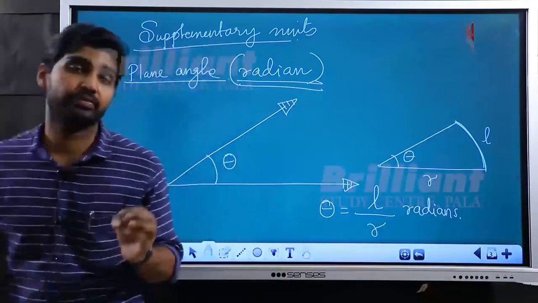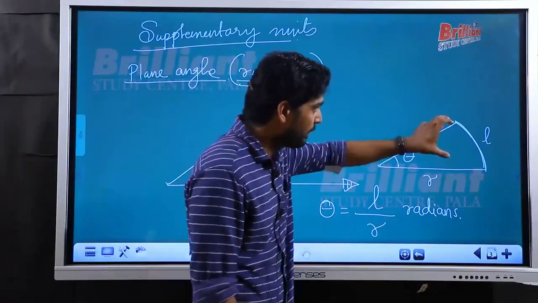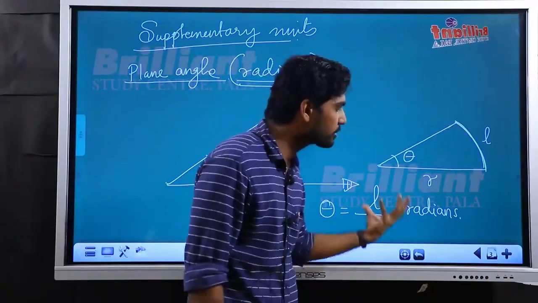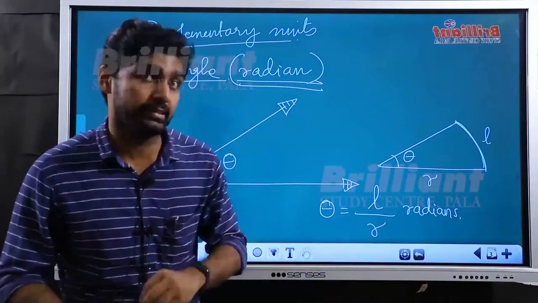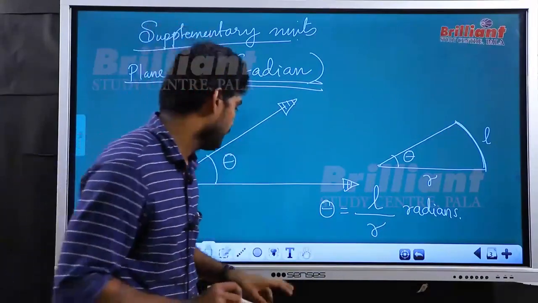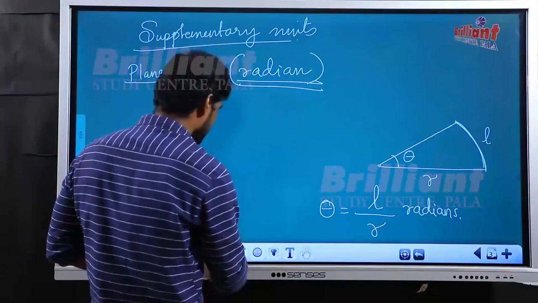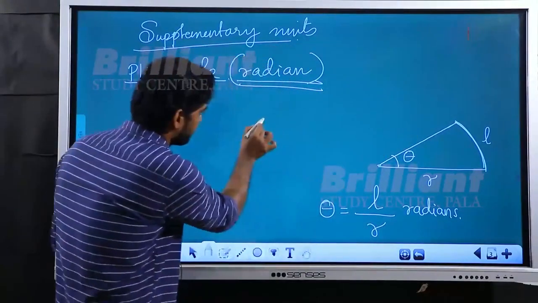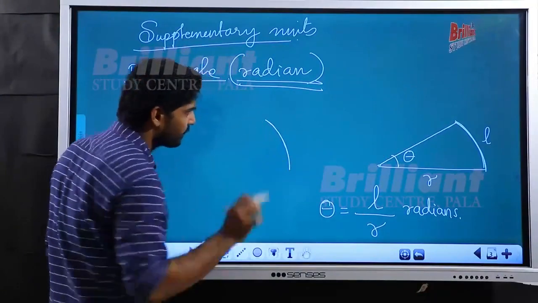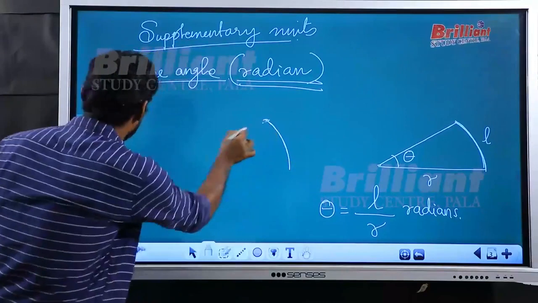It is the ratio of arc length to radius. Is that clear? So if we have a larger arc length, we'll have a larger angle. Clear? And if we have a larger radius, that means we'll have a smaller angle. Let me show you something. Suppose I'm taking this same arc length. It is almost same. Now I'm using much larger radius.